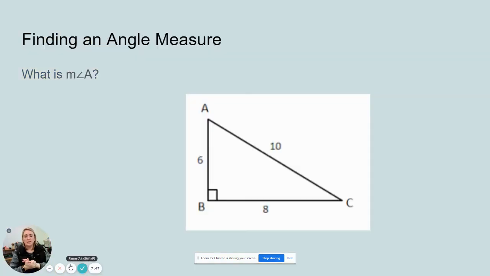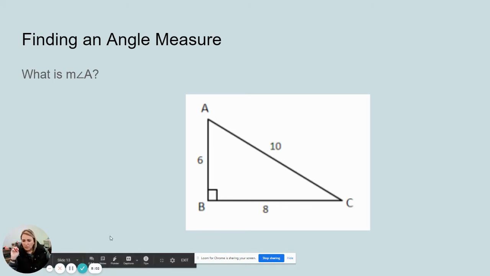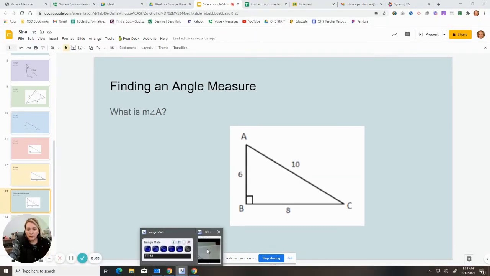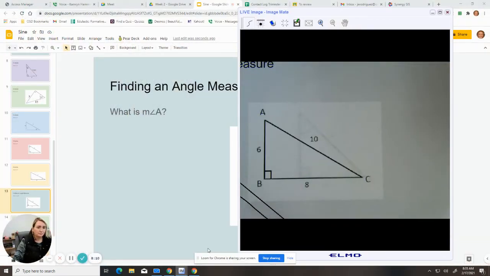Okay, so now we're going to talk through angle measure, and it is going to be using our initial ratios that we found, and then now we're going to be using the inverse sine, or the sine -1, to be able to find it. All right, so we are going to pull this up.